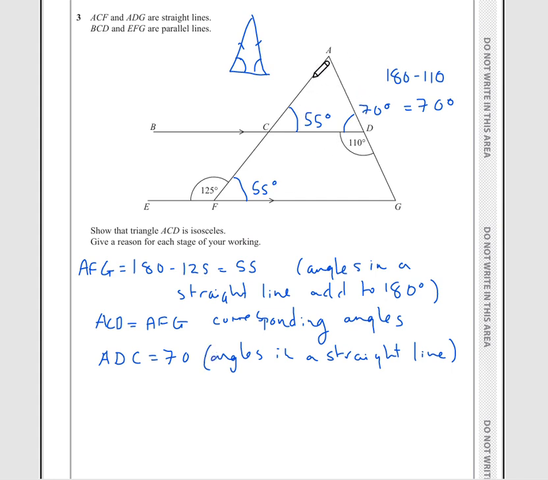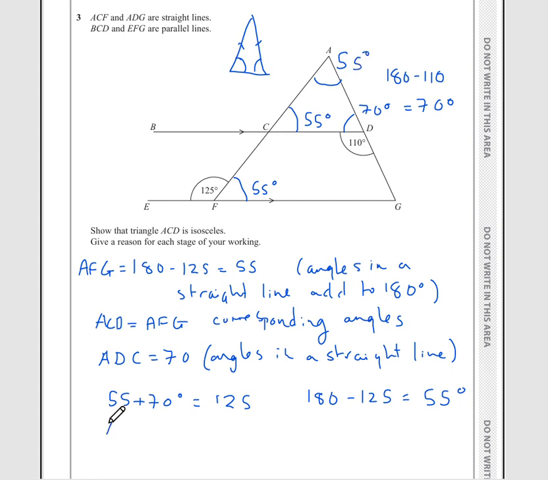Next, I can work out this angle up here. So let's add together 55 and 70 degrees. So obviously we've got a triangle here, so the angles are going to add to 180. If I subtract that from 180 degrees, it's going to give me 55 degrees.